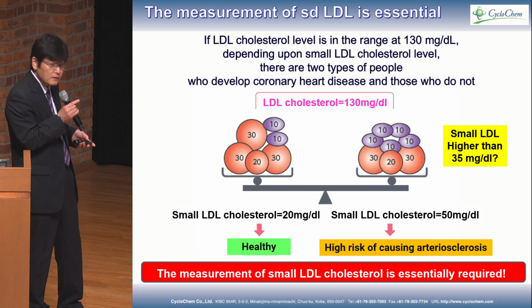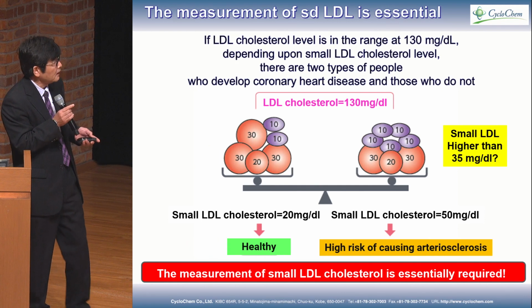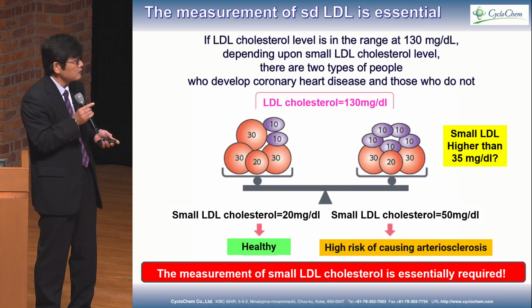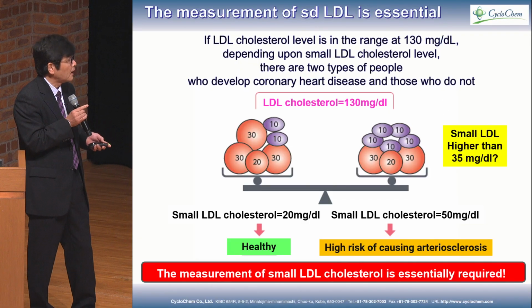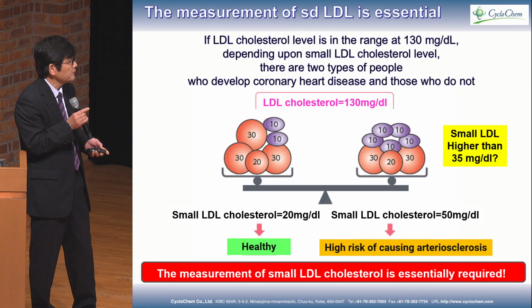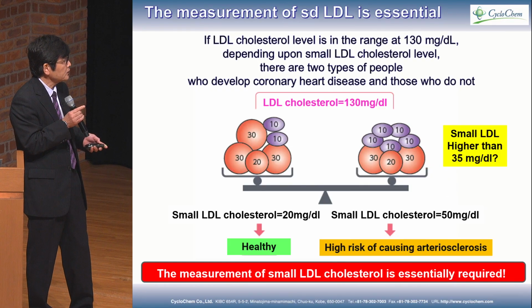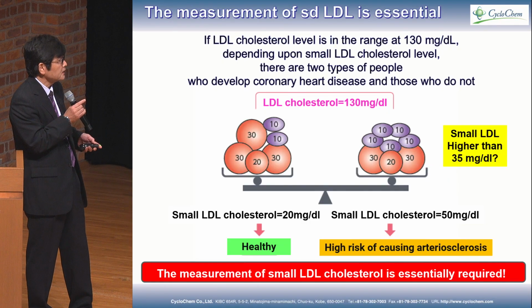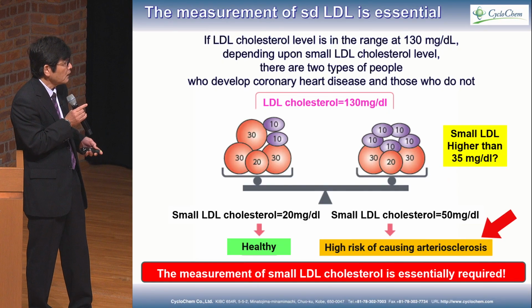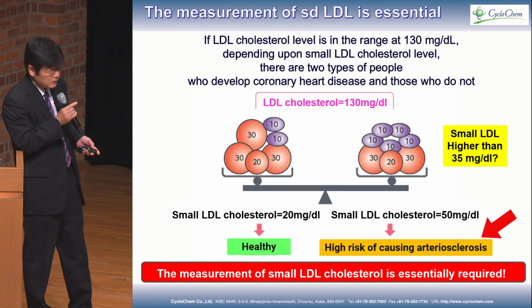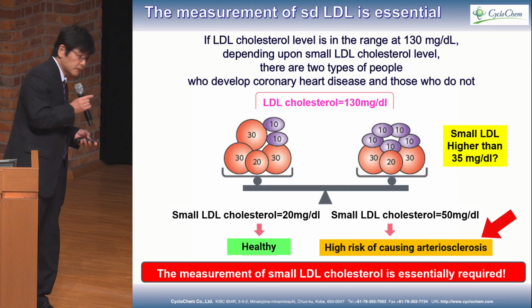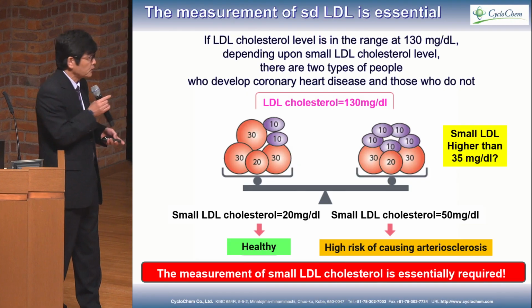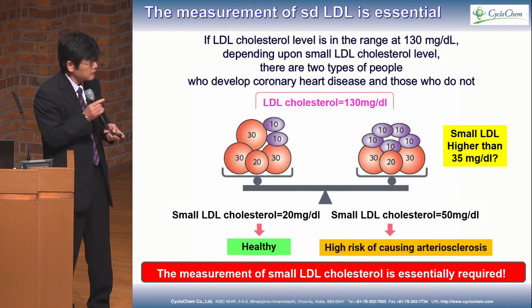In this case, you are healthy. But if the small dense LDL is higher than 35 milligrams per deciliter, let's say 50 milligrams per deciliter, then you will have a very high risk of atherosclerosis. That's why measurement of small dense LDL cholesterol is essentially required.